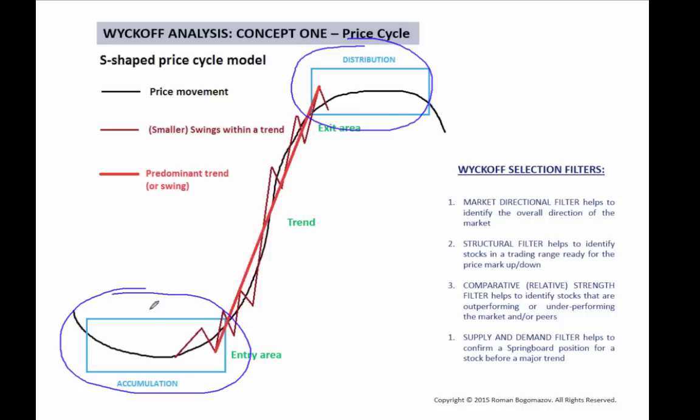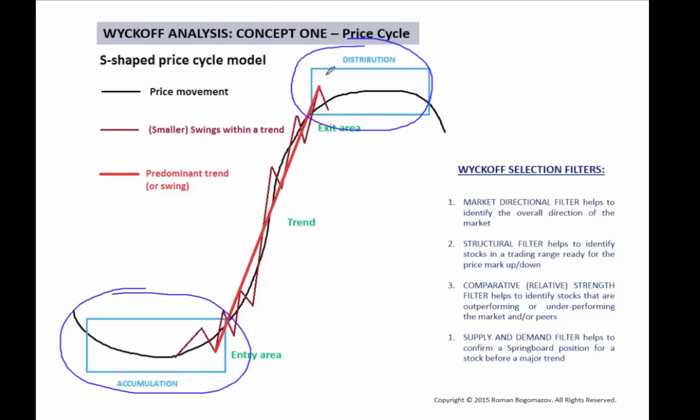He was referring to big institutional interests, big institutional players, as a composite man. And he would say that during the accumulation trading ranges or consolidations, the composite man would be inclined to accumulate the stock, and once the big position is established, and with the perspective and the future perception of the improvement of the fundamental factors or the market conditions, the price will be marked up out of this area, and it will start trending.